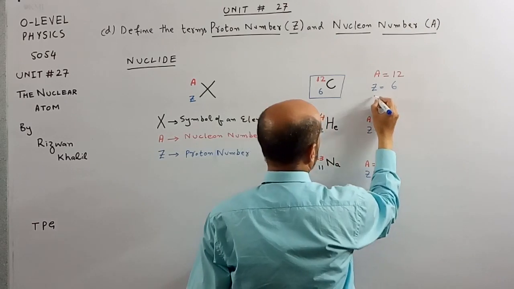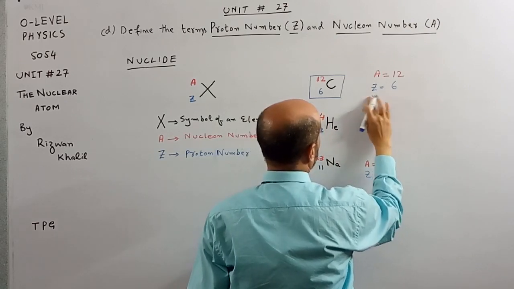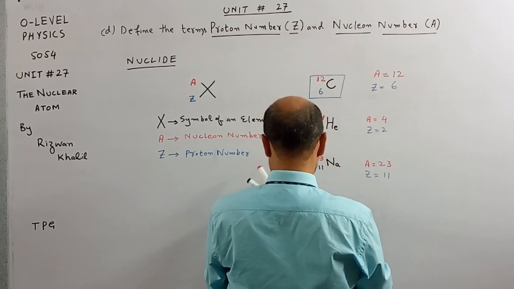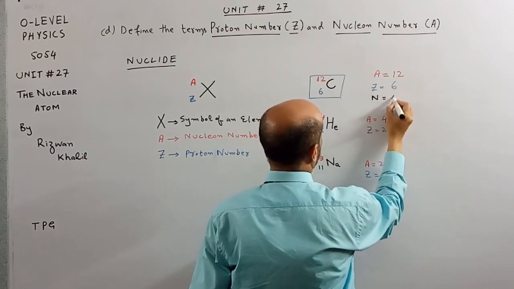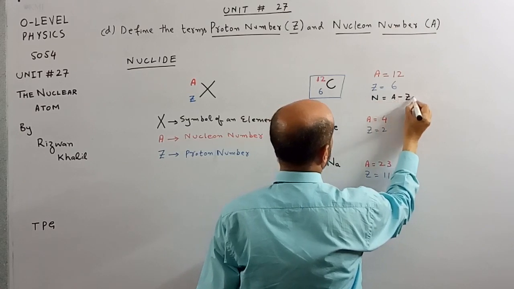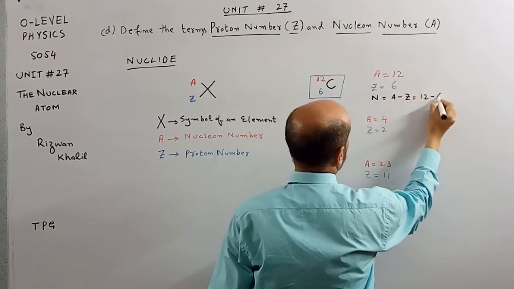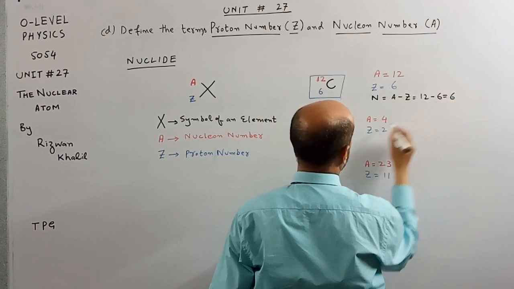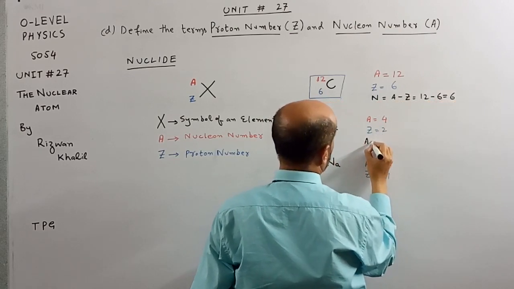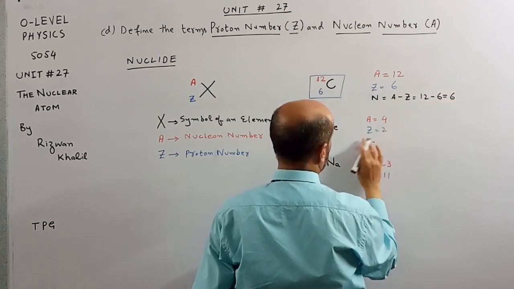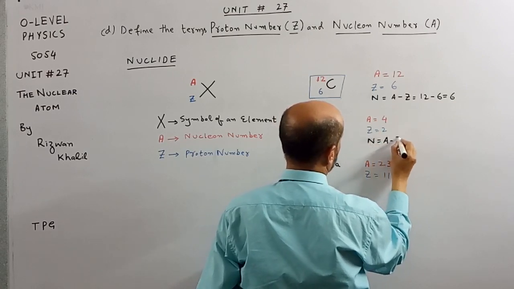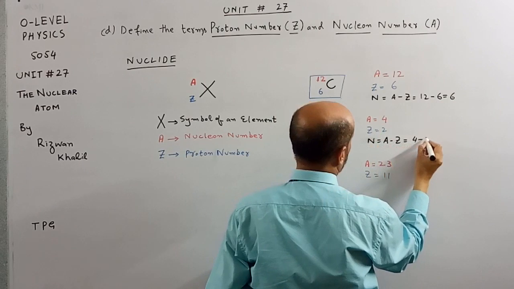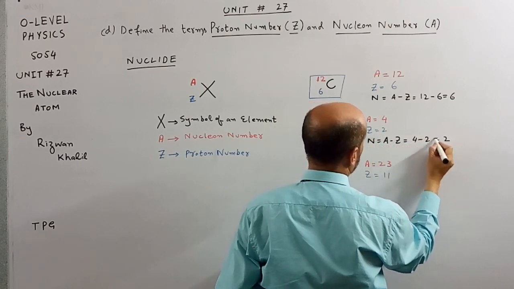And for the number of neutrons, what was the formula? A minus Z. 12 minus 6 is equal to 6. A minus Z is equal to 4 minus 2 is equal to 2.